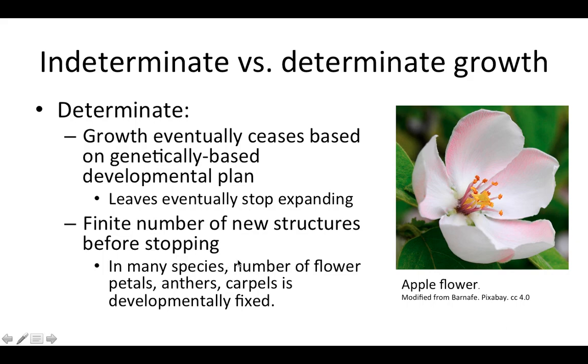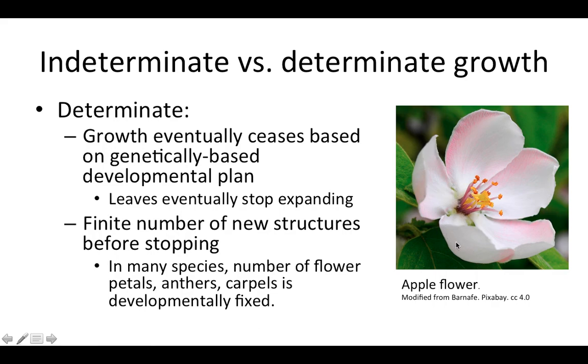Determinate growth also happens in flowers, and we see this when we get a finite number of structures added to a part of the flower before it stops. And this happens in many species for the number of petals, anthers, and carpels. An example is shown here with an apple flower.